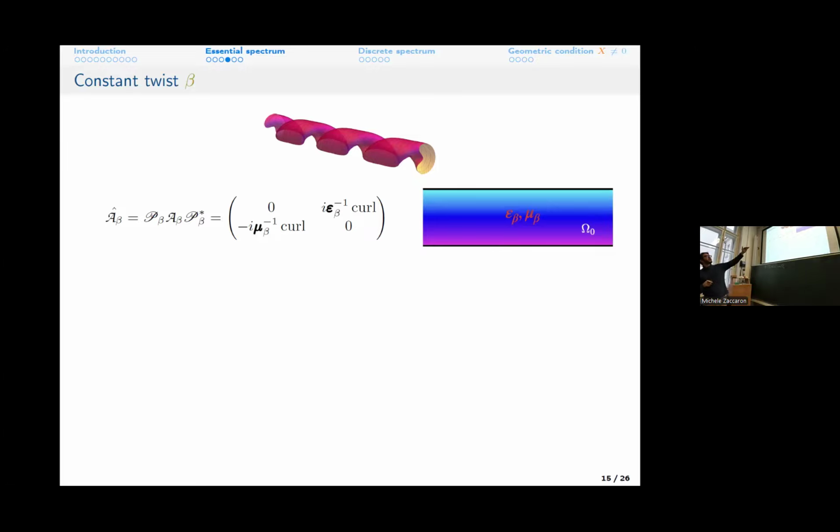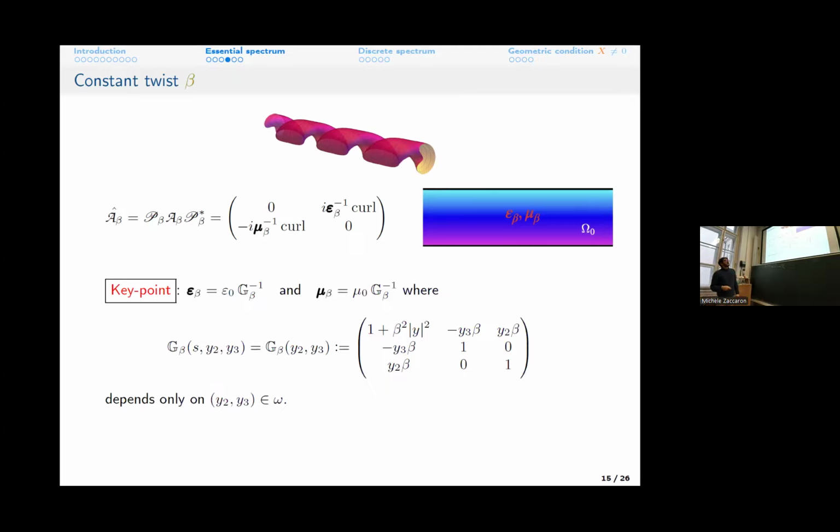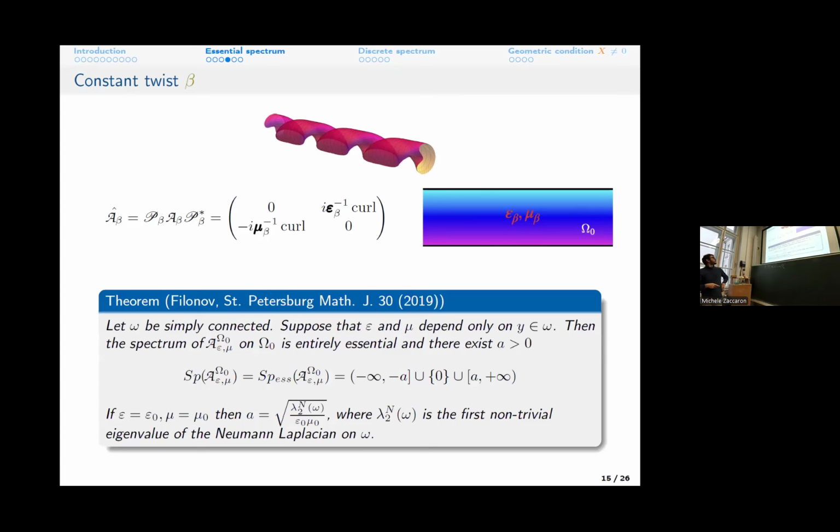In fact, you can guess it from the color gradient that I used. They do not depend on the longitudinal variable s. Epsilon beta, mu beta is basically G beta to the minus 1. G beta does not depend on s, only on y2, y3, the cross-sectional variables. And this is exactly the assumption of this theorem of Filonov.